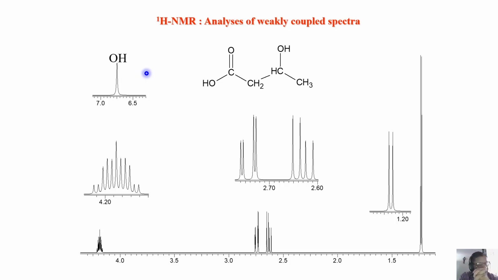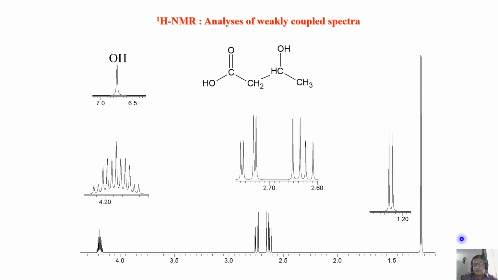Start with CH3. This is a well-known thing which we have been doing for quite some time. Now, what do you expect the pattern for the CH3 to be? Look at this. It is attached to a CH proton. That means CH3 has to be a doublet. True.